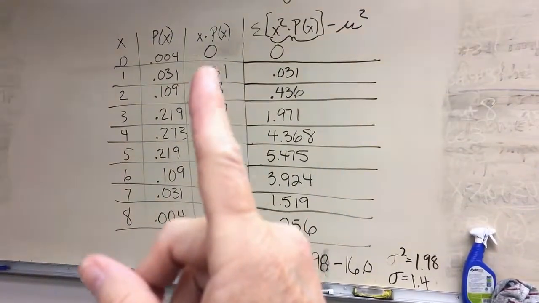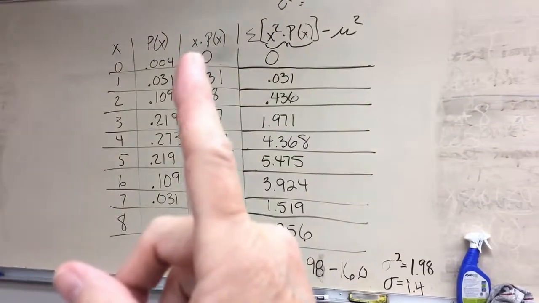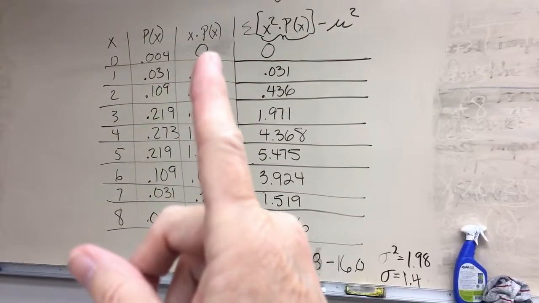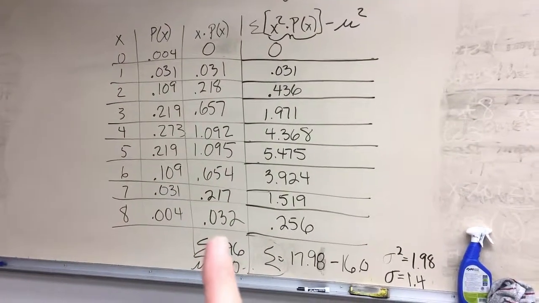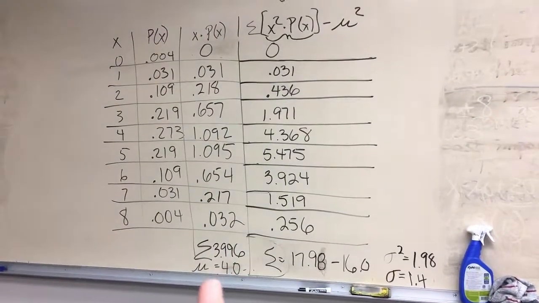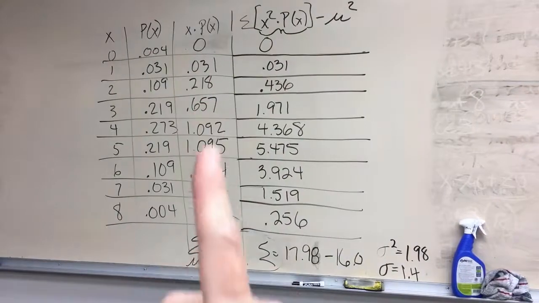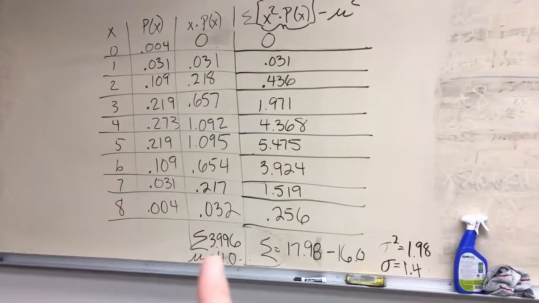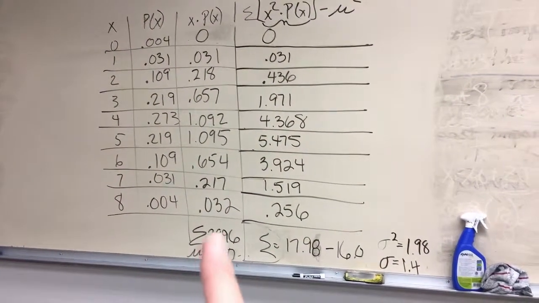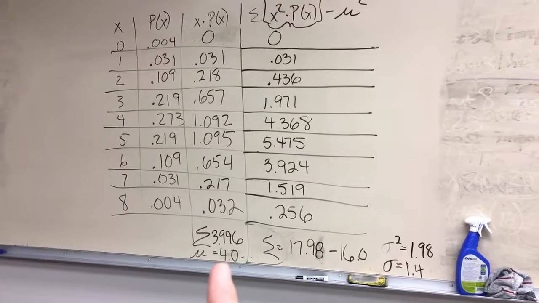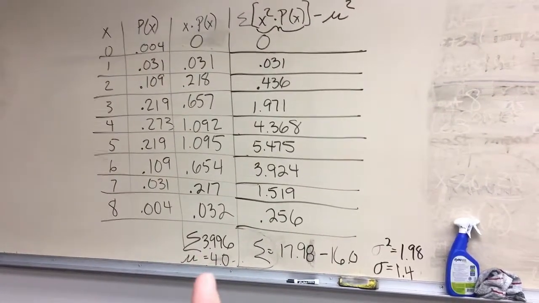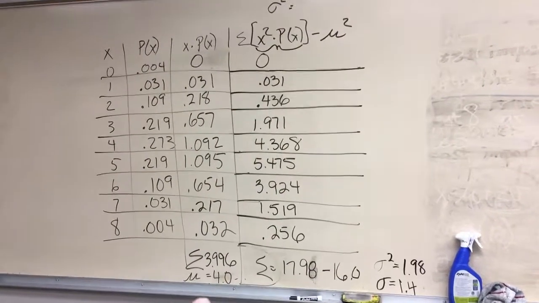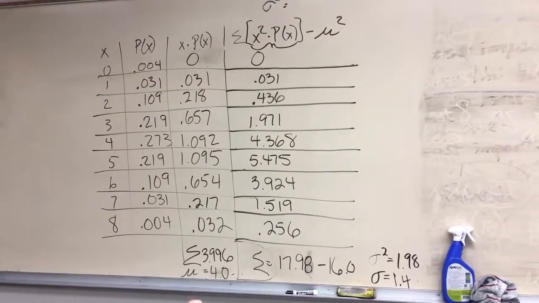I set my L3 to be x times the probability, and I put that formula in there, and then it calculated it for me. I used a one variable stats on L3 to get this sum. The sum is my mean, but I can only have one degree of accuracy there after the decimal, and that's your rounding rules.